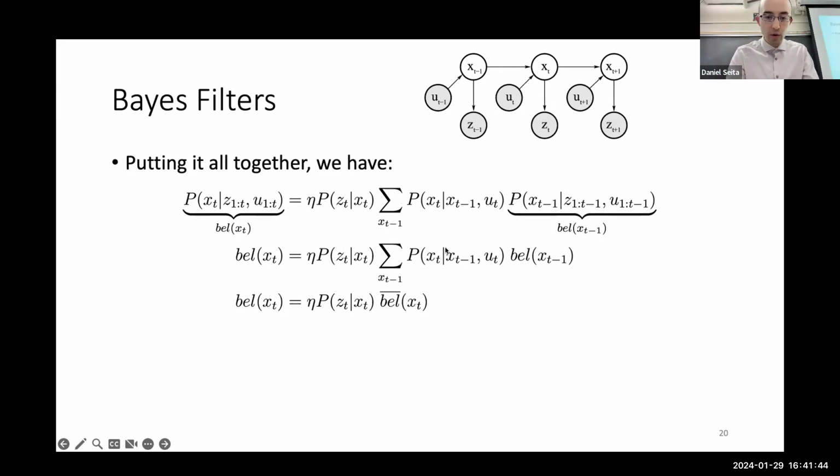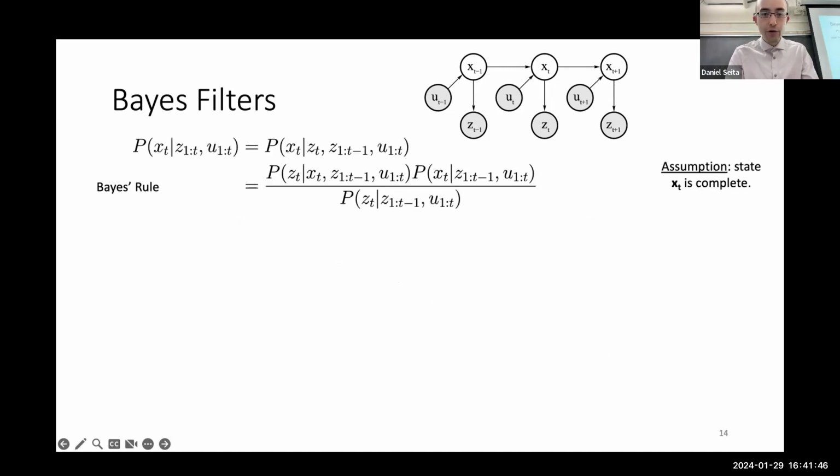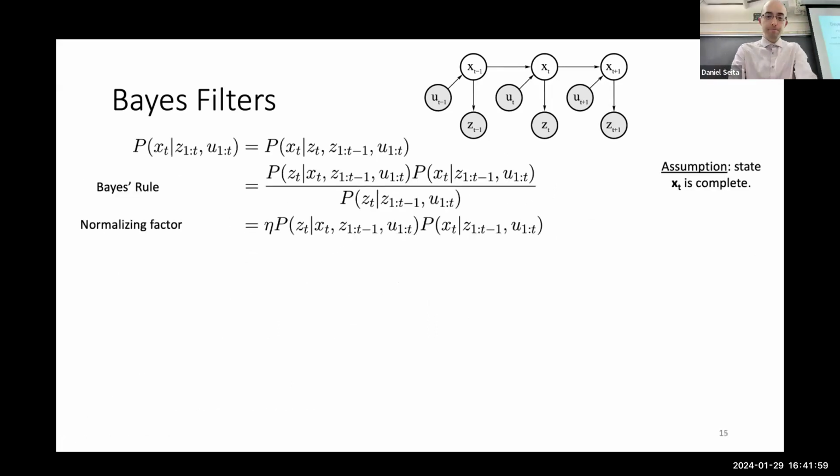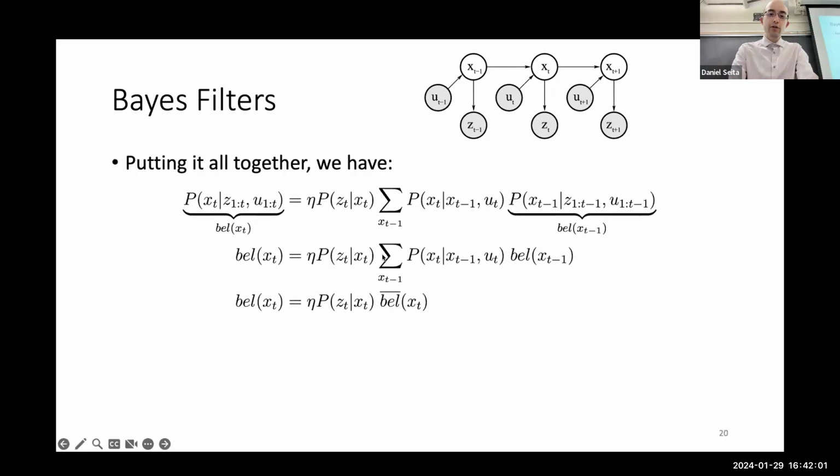If you look back at the algorithm, the belief here is the integral of the transition probability on the prior belief without the line. And here, this is the sum of the transition probability and the prior belief. The only thing that's different is that we have a sum here and they have an integral in their formula, but it's the same thing.